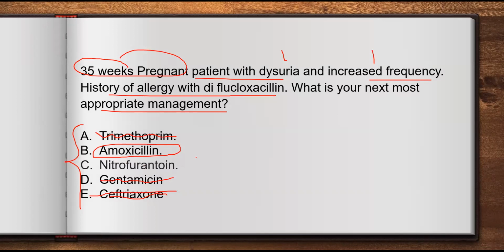You will not say, I will not answer this question because the most appropriate one is not here. No, you have to choose something. So you choose the best one out of these 5. Nitrofurantoin can be given if it was, let's say, a 20 weeks patient. But 35 weeks is the third trimester, so we would not go for nitrofurantoin. Clear?